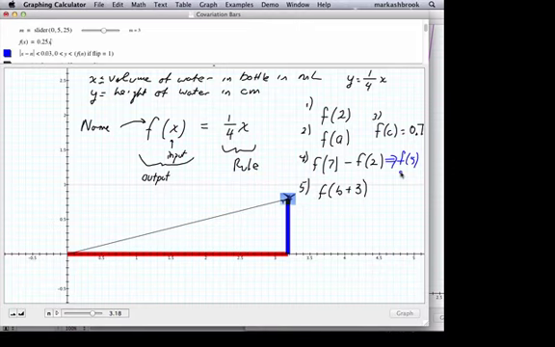One second. Let's think about this. So f of 2 is 1/2. F of 7 is, how's that?